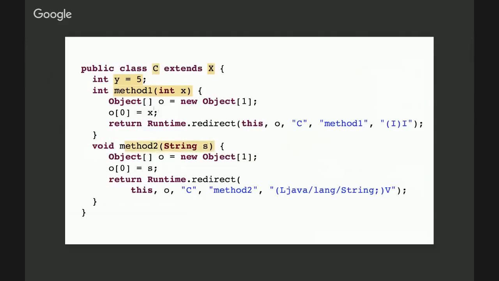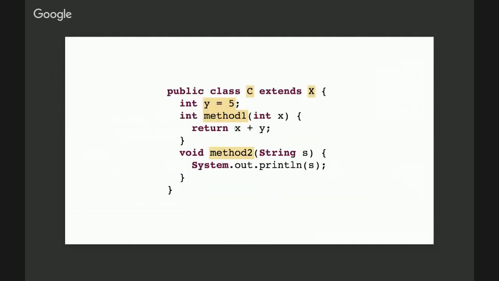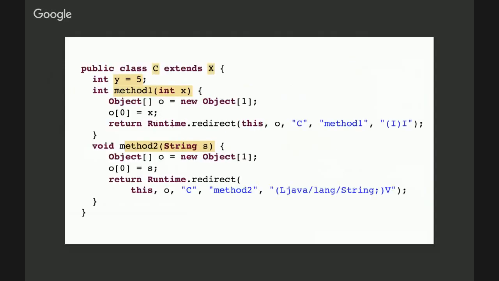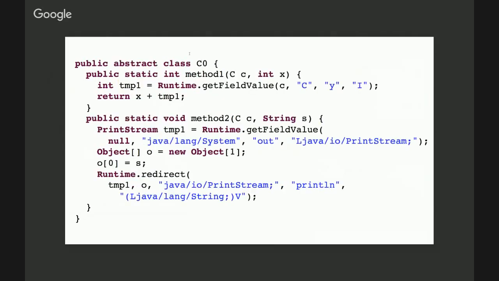But the one difference is our behavior. Our behavior in our classes is very, very different. Rather than actually just run this behavior, the X plus Y, and return that manually, what we're in fact doing is redirecting the behavior to another class, which is going to actually run that for us. And that class is going to be, in this case, C0. So this is C0. It doesn't contain any state, so it's an abstract class.